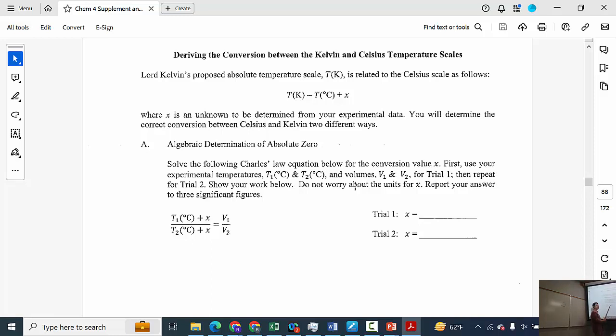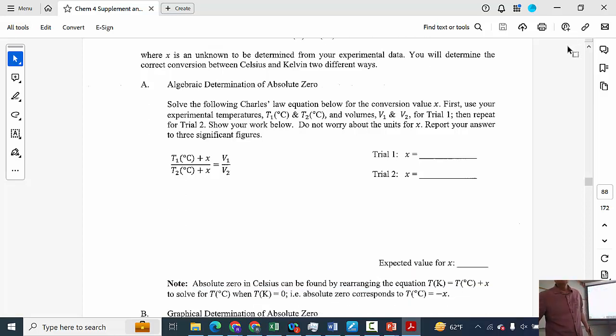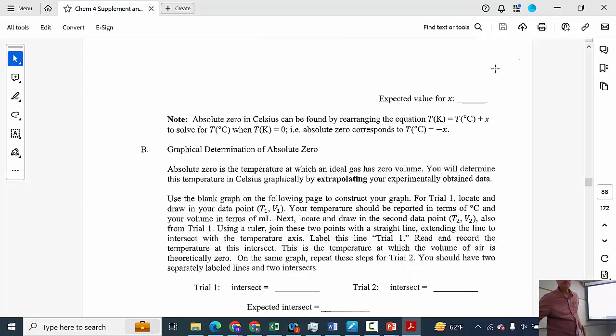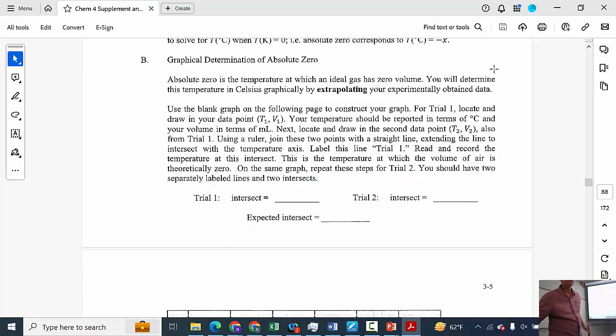And hopefully it comes out 273.15, hopefully. But you know what I've seen? Not that. I mean, just crazy values of X. But hopefully trial 1 is 273.15, and hopefully trial 2 comes out to 273.15. All right, so that's calculation A. The expected value for X is 273.15.